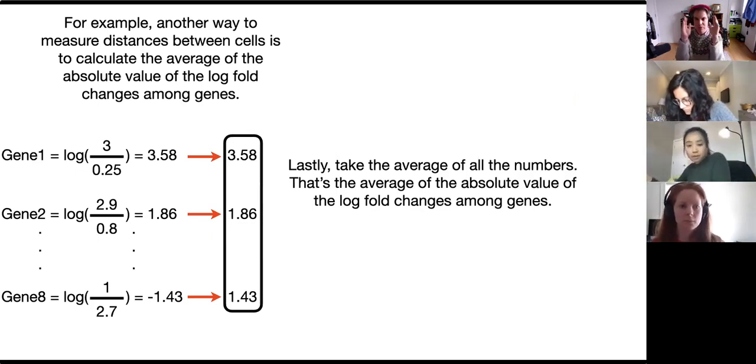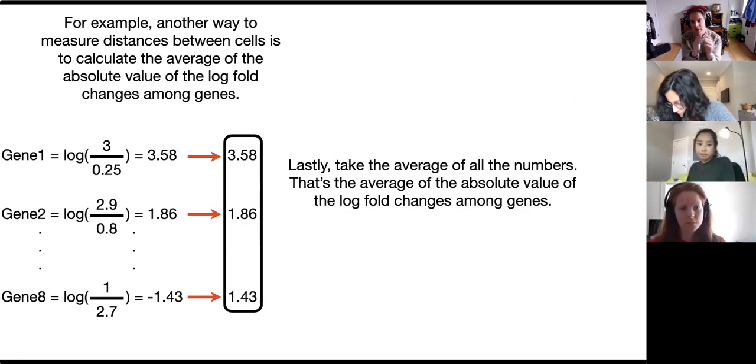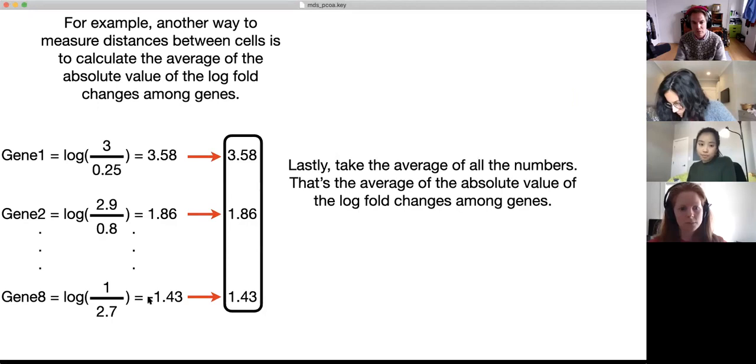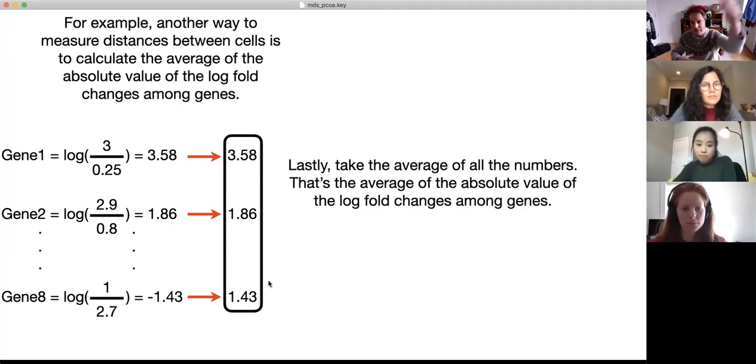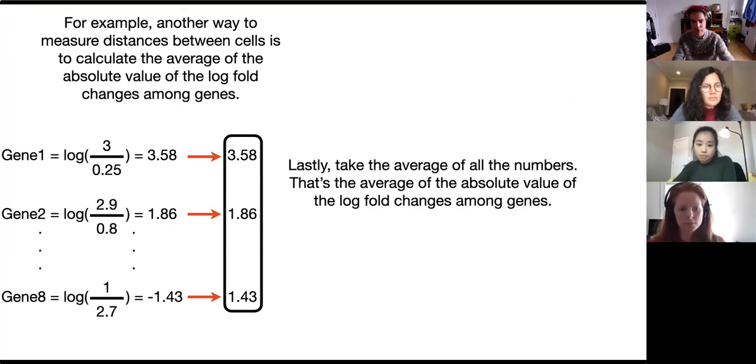Remember, this is just between cell 1 and cell 2. The average of these values is what we're going to call the distance between these two things. One reason we take the absolute values is that we don't want negative values to cancel out the positive values. We want every distance to be additive, and just get further and further.